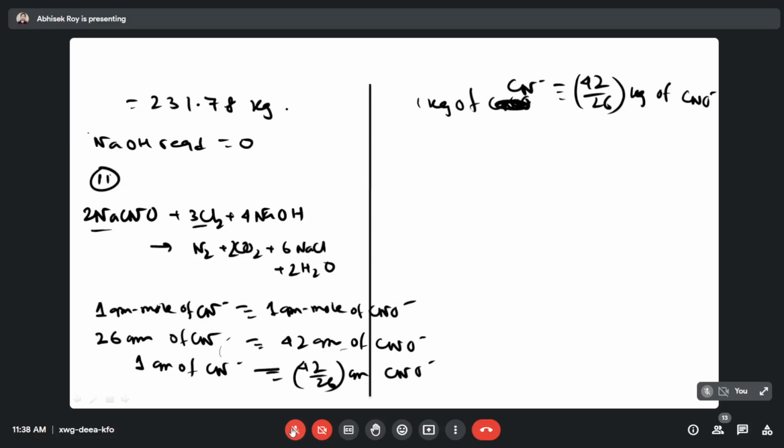Now আমাদের কতটা ওয়েস্ট স্ট্রিমে আছে বলা হয়েছে 85 কেজি CN, রাইট?